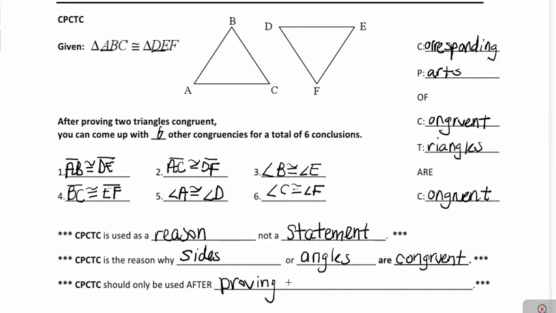You can never use CPCTC before proving two triangles congruent because it wouldn't make any sense. Recall that CPCTC stands for corresponding parts of congruent triangles are congruent. Therefore, you have to have 2 congruent triangles in order to use this as a reason. Okay, so hopefully you have a better idea of circles and CPCTC.